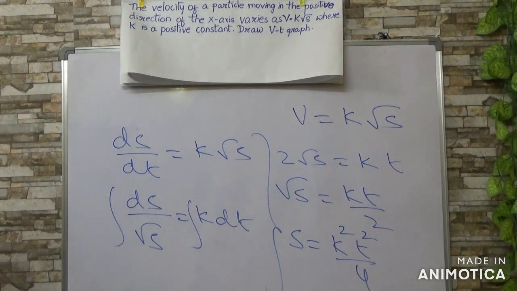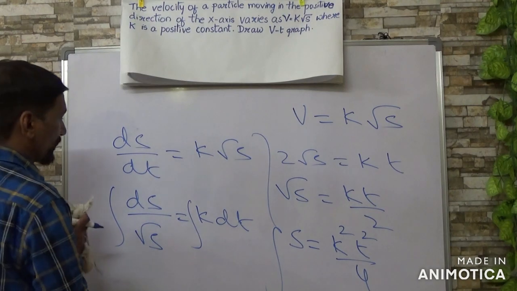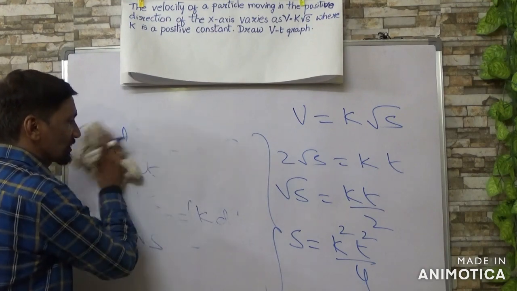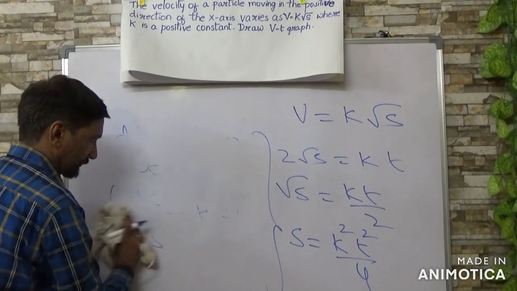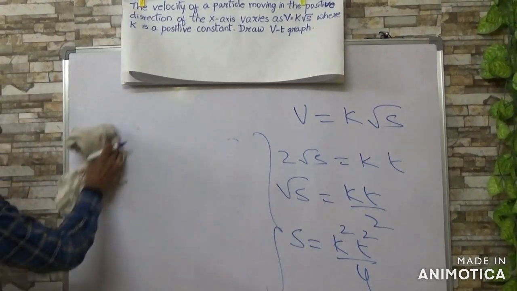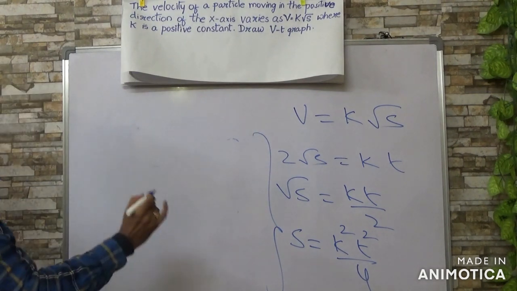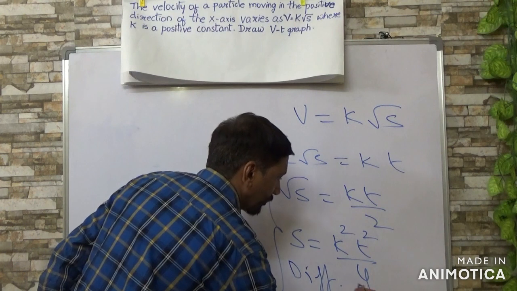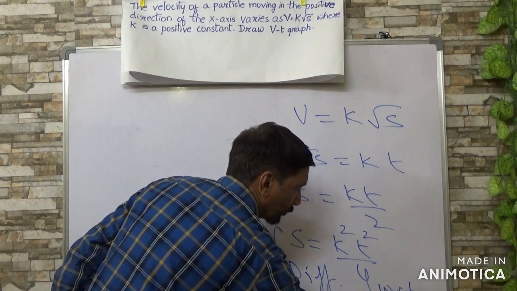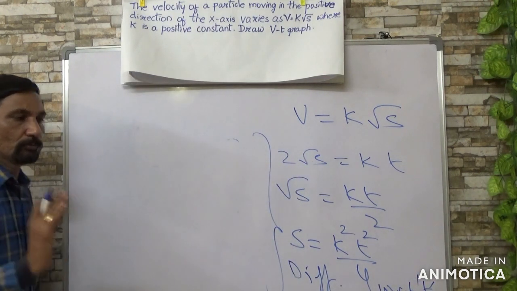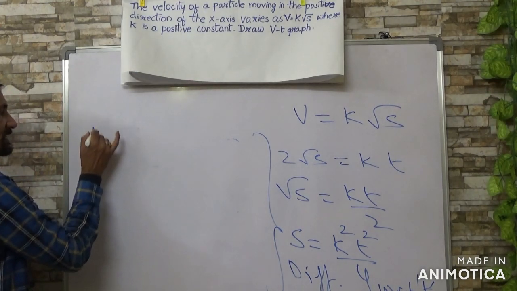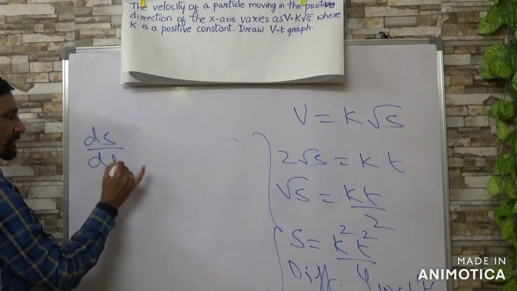Okay, now differentiate. So differentiating on both the sides. Now differentiate this equation with respect to time. Then ds by dt.